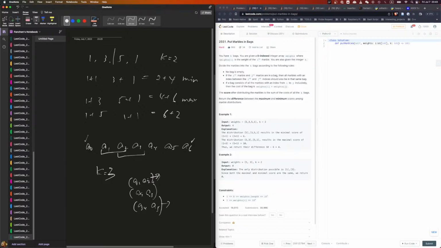What if they are the same? What if this and this are the same? So these are the same, and A1, A4 is the third one. What if this is equal to A2, A1, A3?